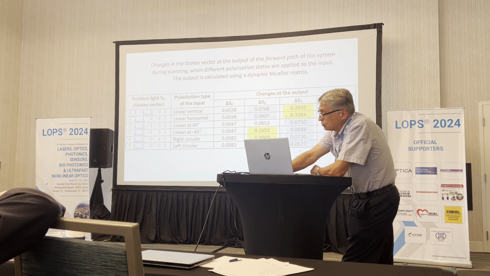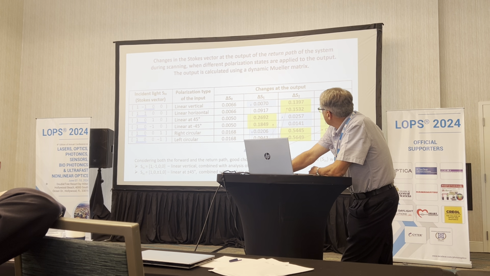And then you go to the return path and you say pretty much the same thing. You also see in yellow the ones that you should not use, because in this case they introduce a lot of problems. And finally, you can select here the best polarization: linear vertical combined with analysis of S1.